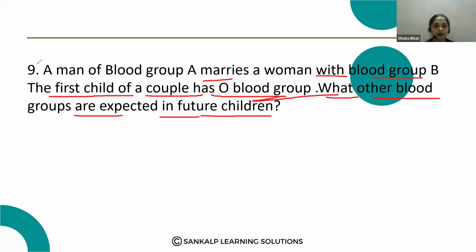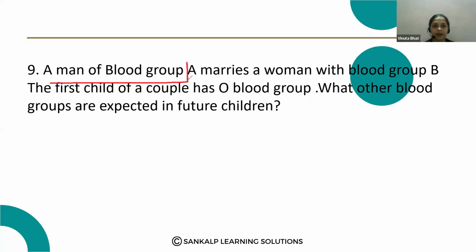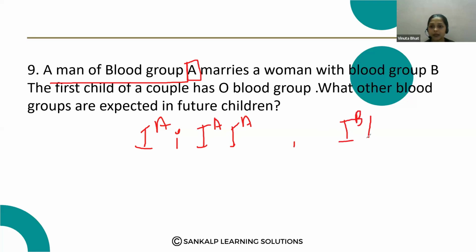So the man has blood group A. Blood group A means it can be IAi or IAIA condition. For B blood group, they didn't mention whether it is heterozygous or not, so it is IBIB or IBi.